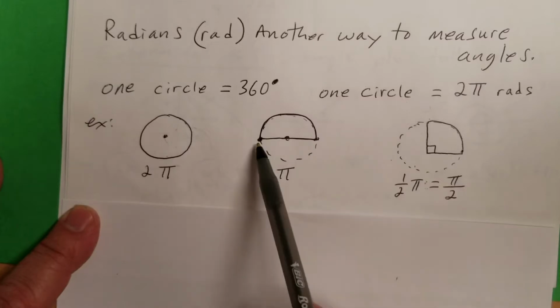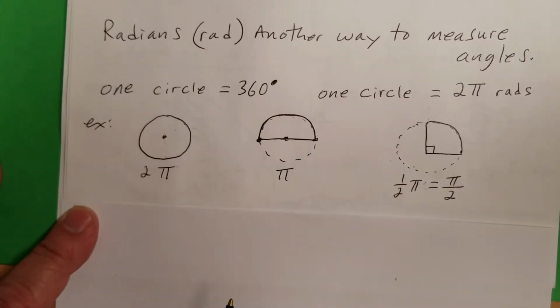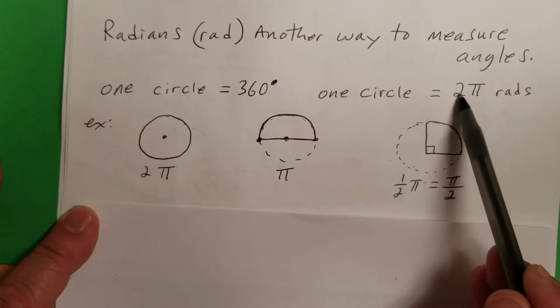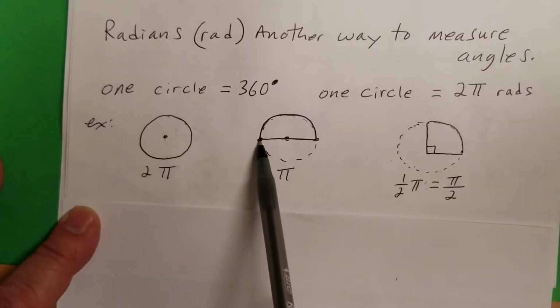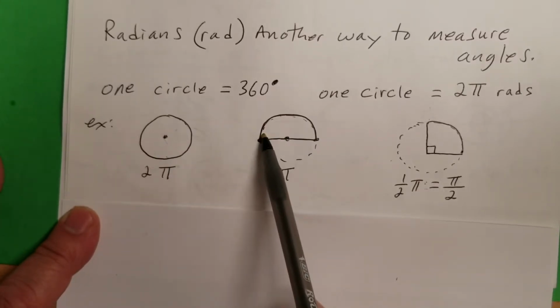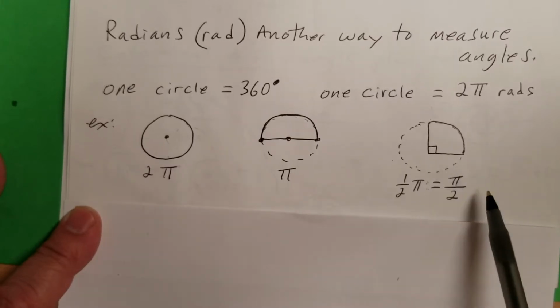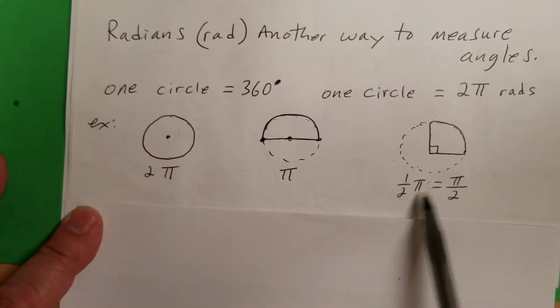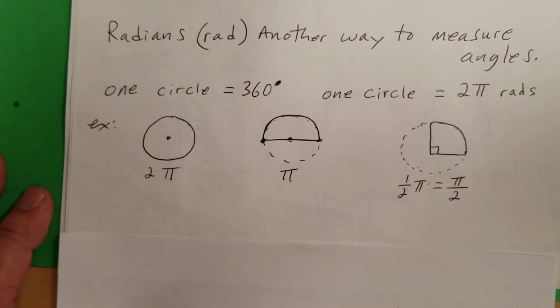Since this is pi, isn't this half of pi? Okay, let's not get too deep into this. Just know that full circle is 2 pi, half circle is pi, so that must be half pi. And you can write it half pi or pi over 2, that means the same thing. All right, so you already know 3 angles in the radian language.